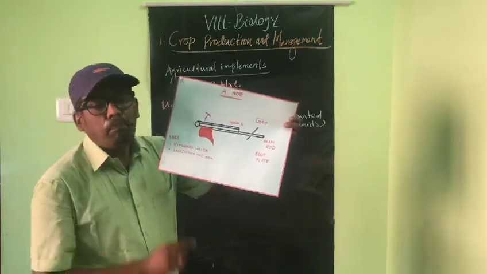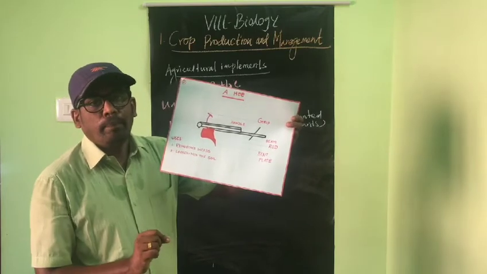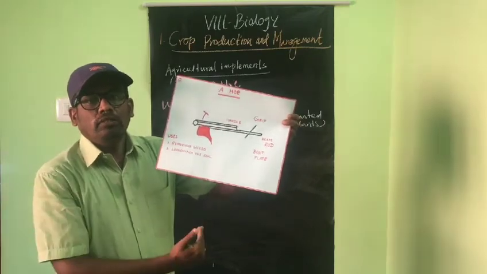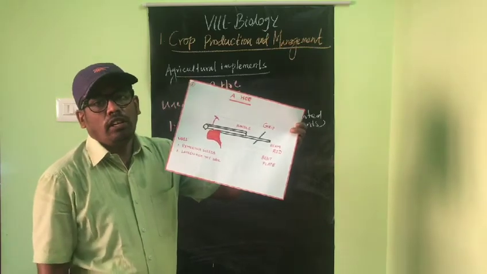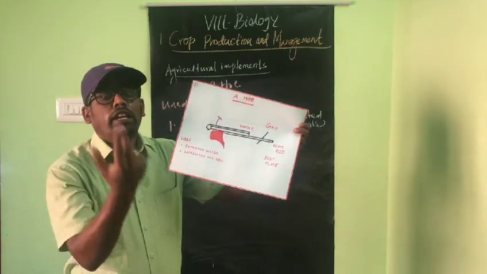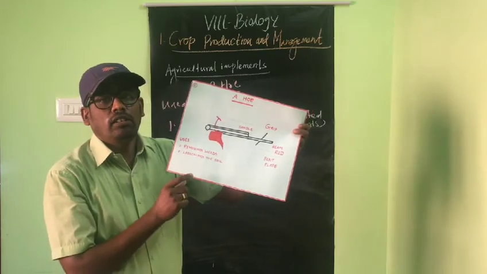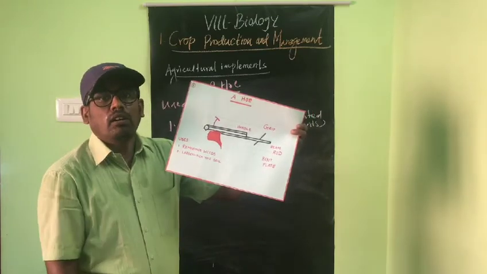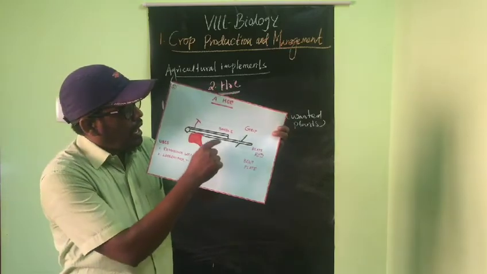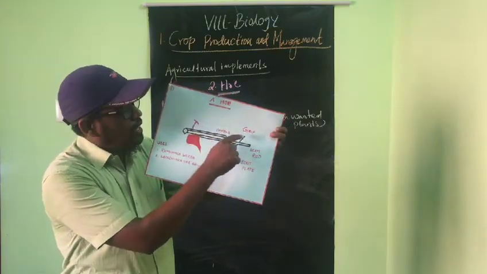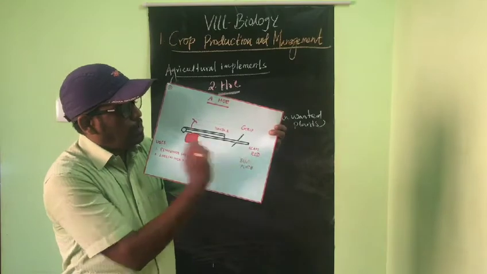This bent plate removes the weeds and loosens the soil. If there are any big clumps or crumbs of soil, it breaks them. And there is a handle, a grip and the beam.